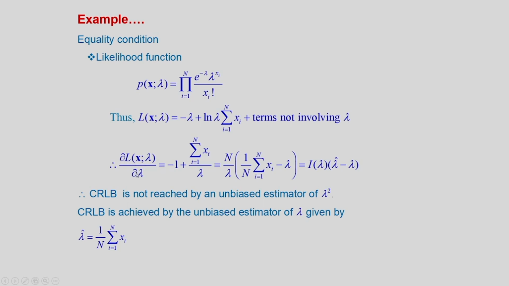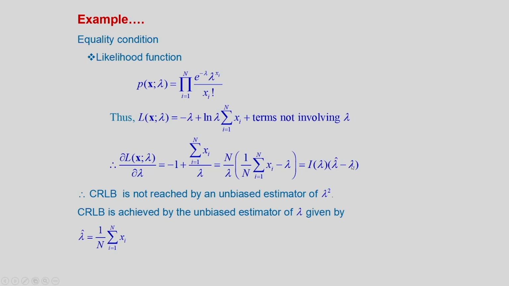Therefore, del L del lambda will be equal to minus n, derivative of this is minus n, plus summation xi, i going from 1 to n, and derivative of log lambda is 1 by lambda. So del L del lambda is equal to minus n plus summation xi, i going from 1 to n, divided by lambda, and this can be simplified as n by lambda into summation xi, i going from 1 to n by n, minus lambda, and this we can write as I lambda into lambda hat minus lambda.